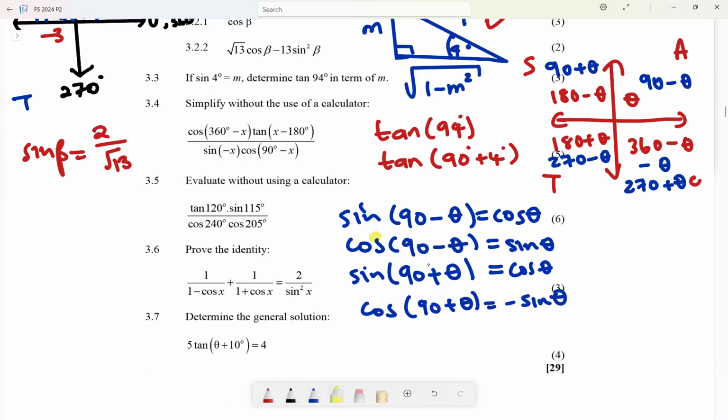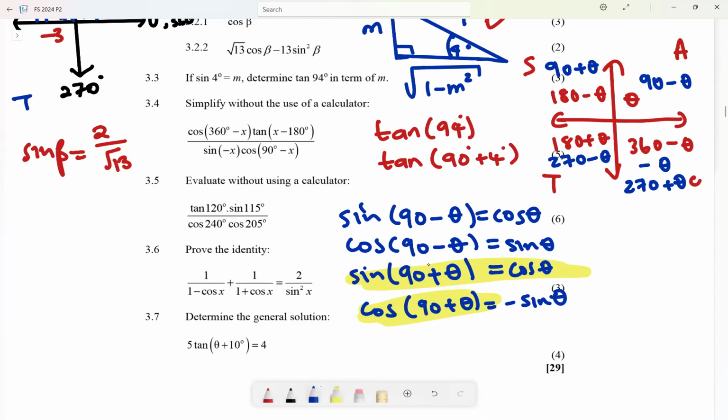Why? These ones are easy because sine of 90 minus theta is in this quadrant and everything you change is positive. The one that is tricky is this one. Sine of 90 plus theta is a positive cos theta, right? Why? Because now, can you see on this side, sine is positive. So what I change is positive in there, so it changes to cos theta. But for cos of 90 plus theta, how is cos in here? Cos is negative, so it will change to negative sine.